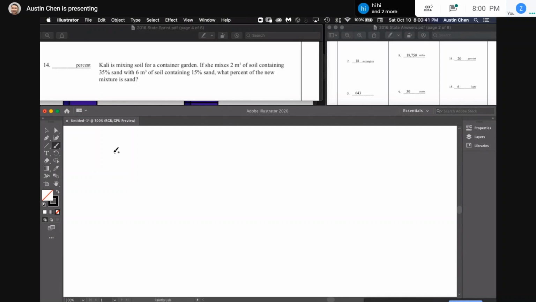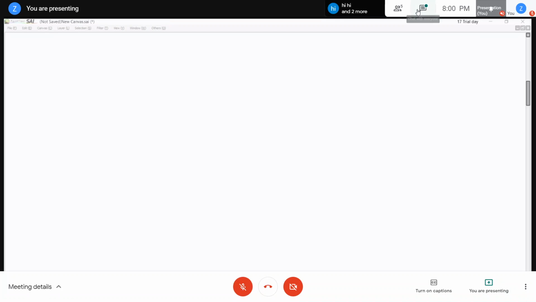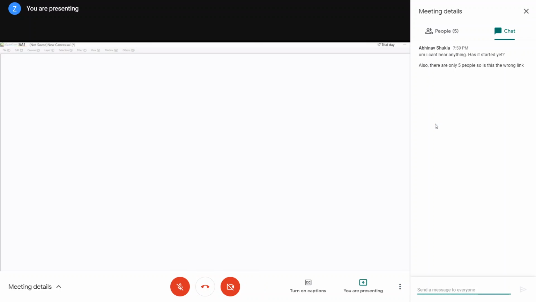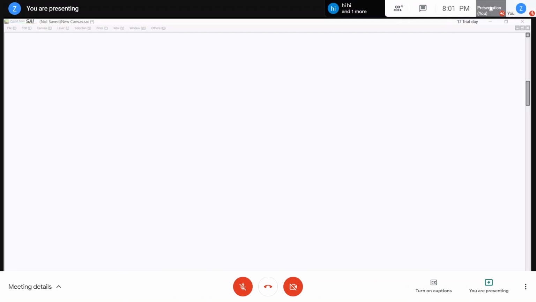All right, so we're combining 2 meters cubed of soil, and it has 35% sand. We're combining it with 6 meters cubed of soil, and it has 15% sand. So we're going to end up with 8 meters cubed of soil. And we want to find the percent of the new mixture that is sand.